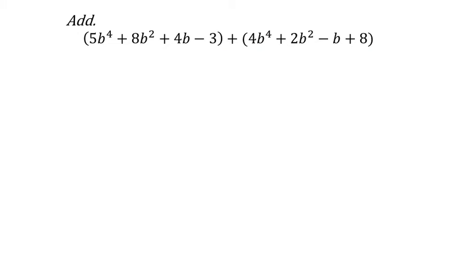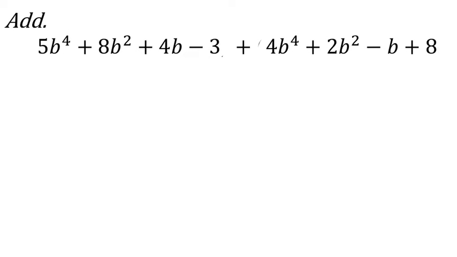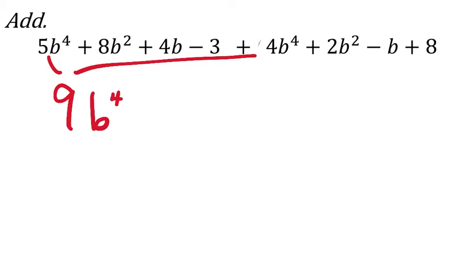So when you see addition of polynomials like this one, just get rid of the parentheses right there. And just start adding or combining like terms. And so, yeah, we got this b to the power of 4s, right? I'll start with 5 of them and 4 of them. That would be 9 of them, okay? And then the next term I see is the 8b to the power of 2.